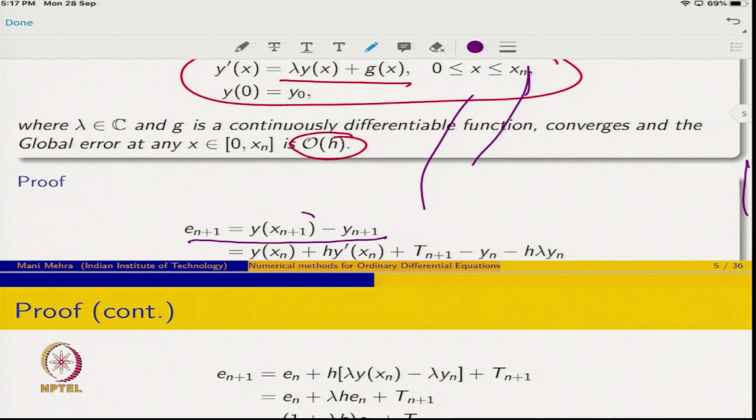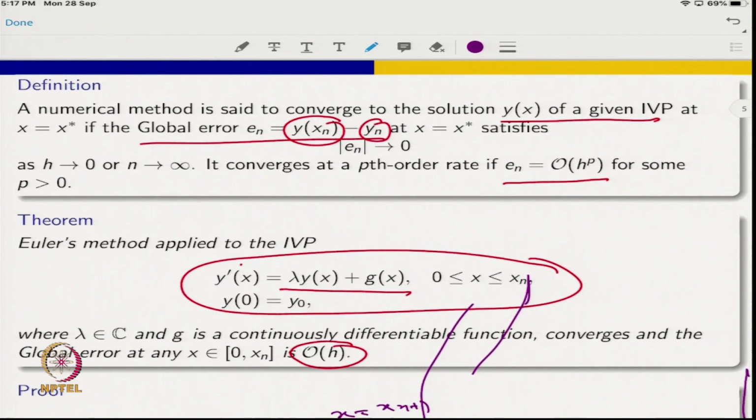This is the solution of the differential equation at x equal to xn plus 1, and this is the solution of the difference equation. That is how we define the error, which you have seen here also.